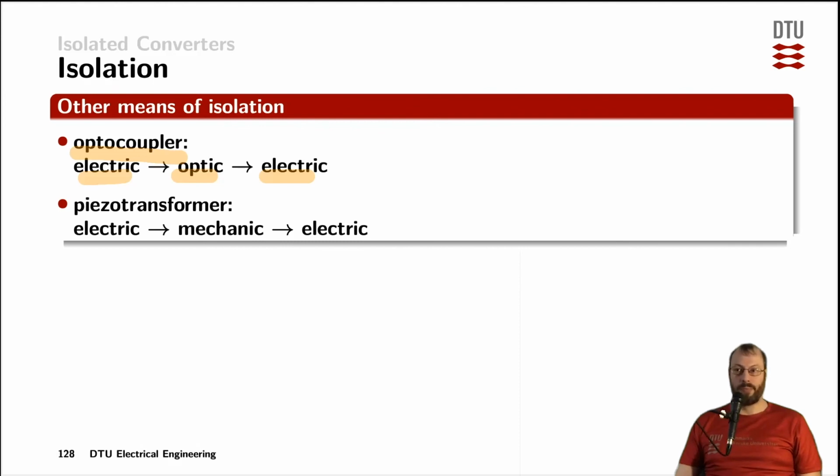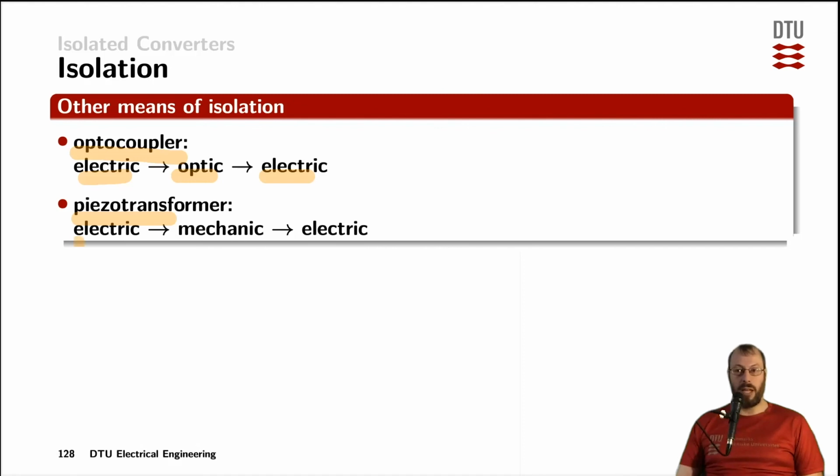Whenever you try to use power electronics inside another external magnetic field, which might be coming from the application, you can use piezotransformers instead of magnetic transformers, which would not get disturbed by the magnetic field.